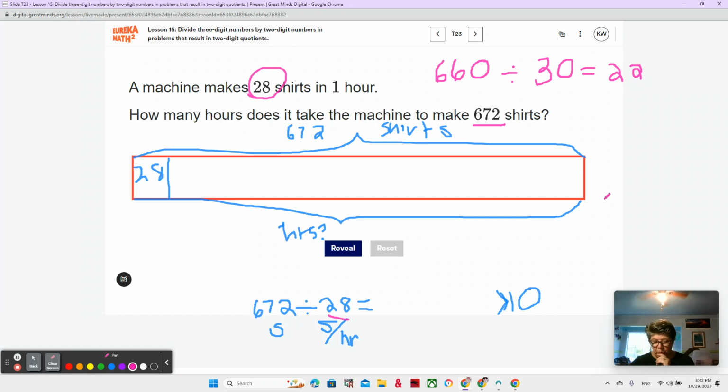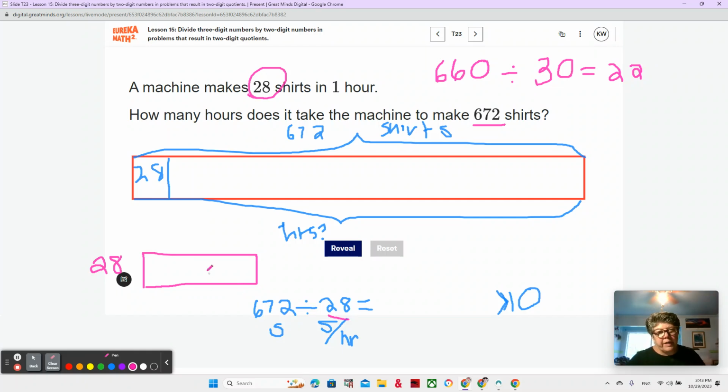All right, so let's start working on an area model. Now we're going to draw an area model somewhere where we have some space. And remember that we're going to use the real number for our area model. So we're dividing by 28, right? Okay, and it's going to be on the left-hand side because it's the divisor.